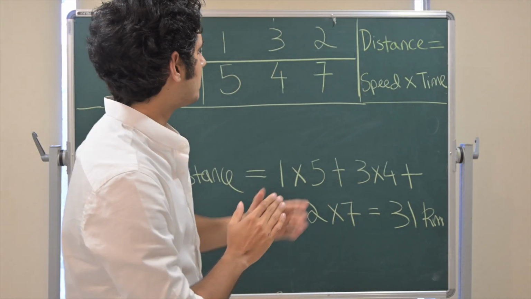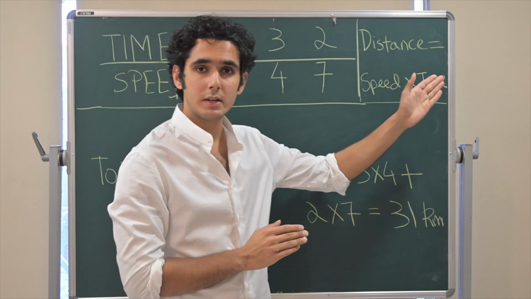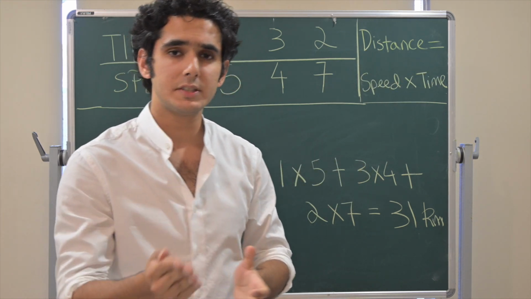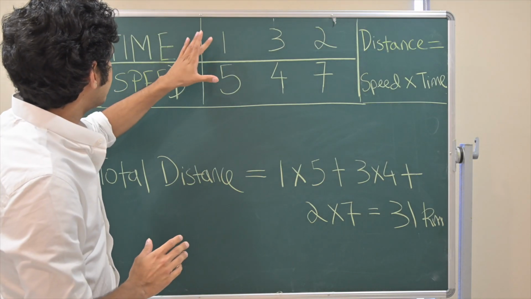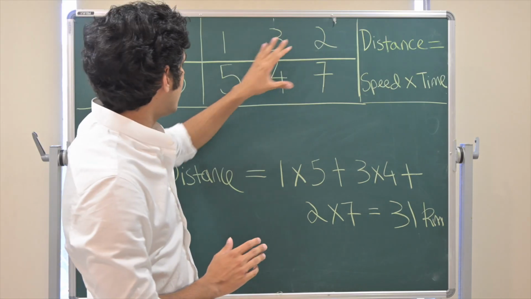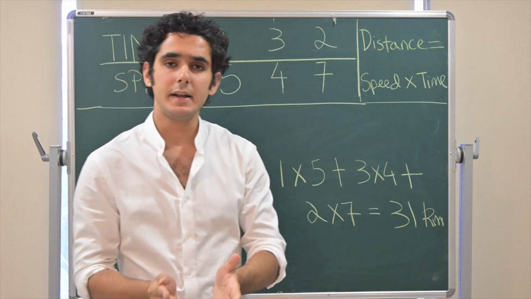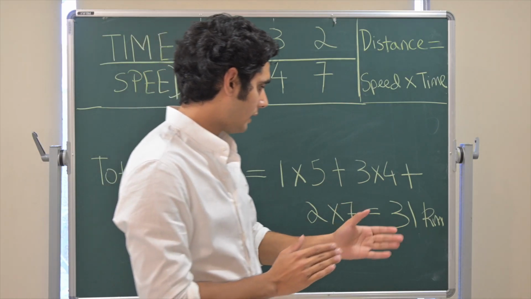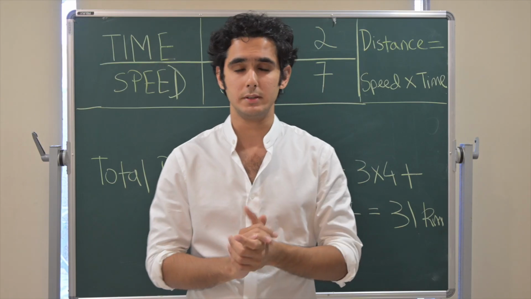Now, I assume from school we all remember that distance is speed times time. So this is really just a simple arithmetic problem where we take the time-speed pairs, we multiply them and add them up. And we get our answer, that is 31 kilometers. We covered 31 kilometers in total.